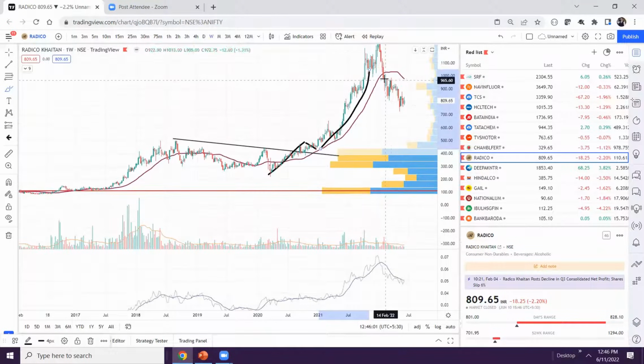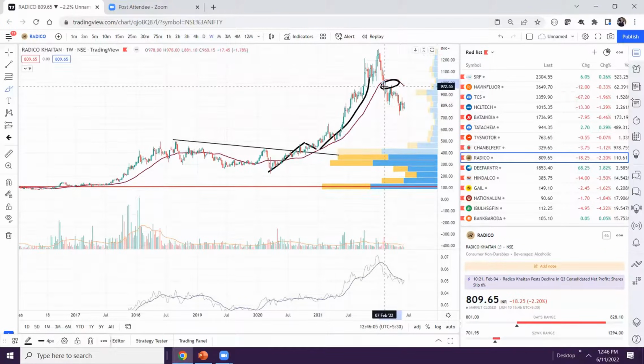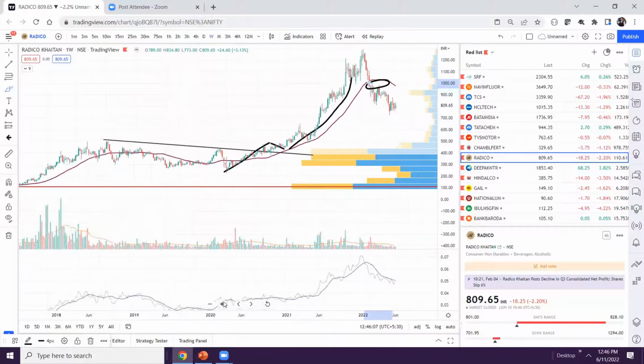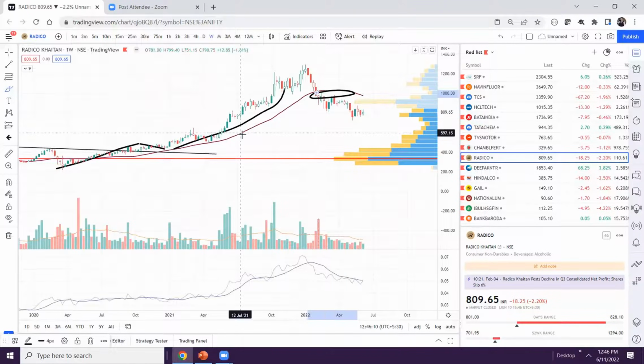So at this point of time, as per Stan Weinstein, you have to exit. But now if we go to our Elliott concept, which we learned, there might be some divergence here.